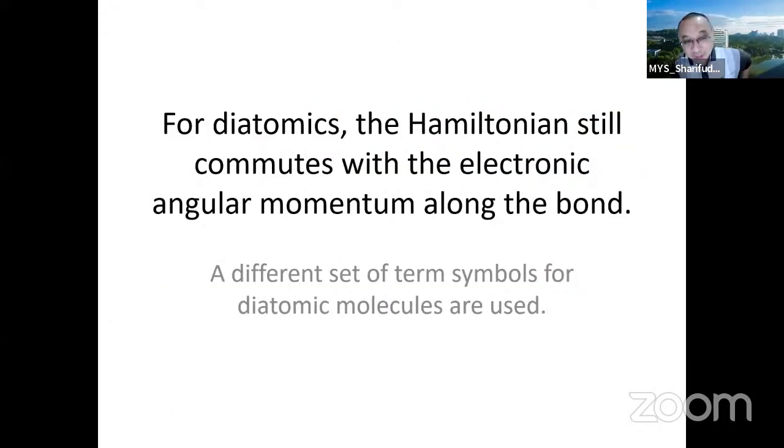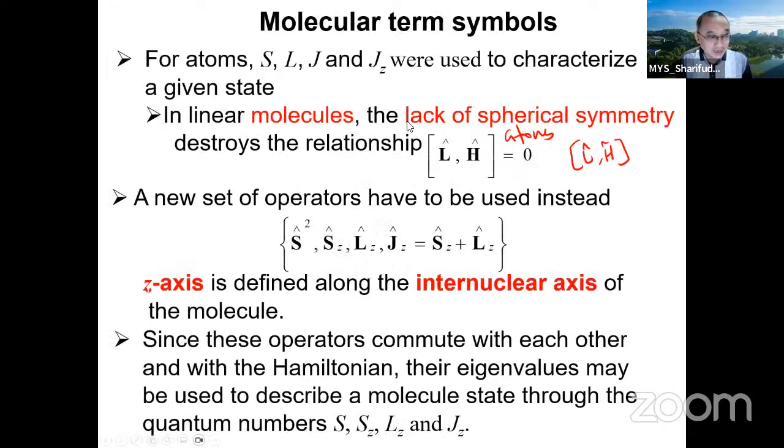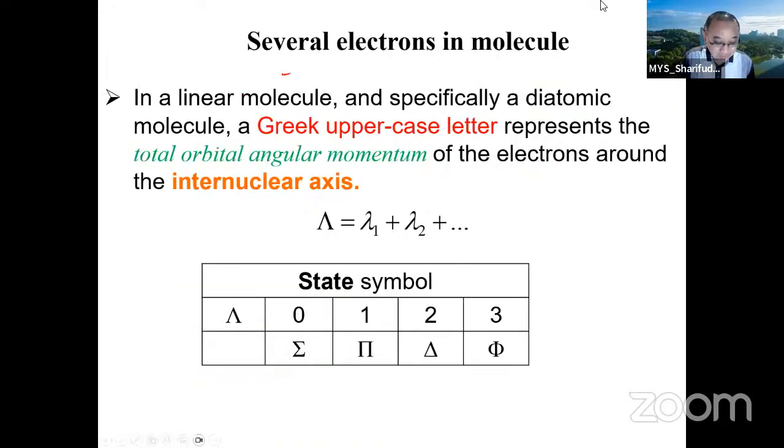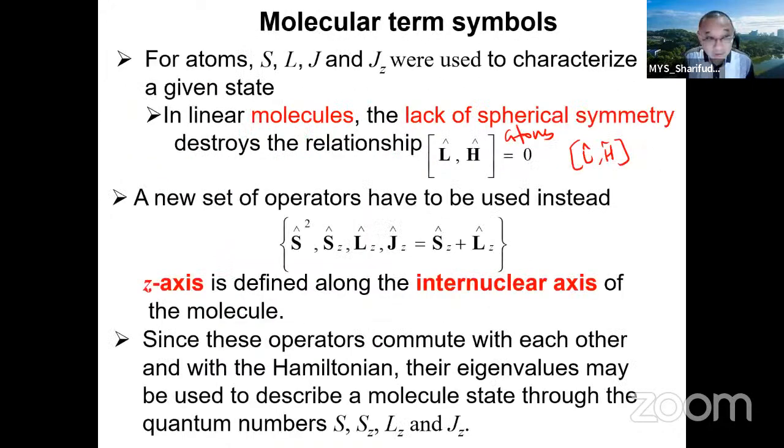Right, for diatomics, the Hamiltonian still commutes, but it commutes only with the electronic angular momentum along the bond. Dengan kata lain, ya, ini adalah SL. Jadi S, L, J dan JZ, ya, kita gunakan untuk characterize a particular state lah.